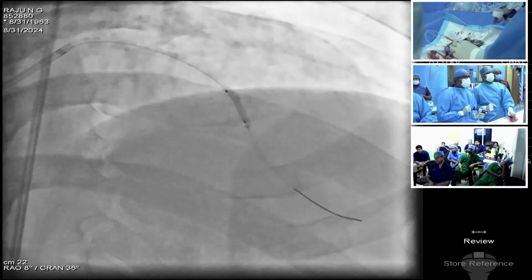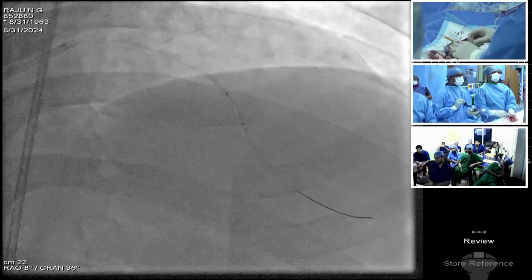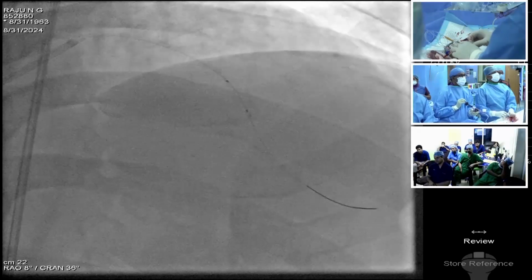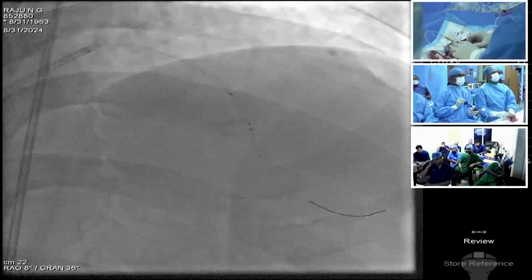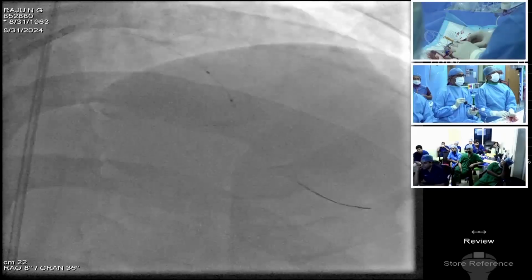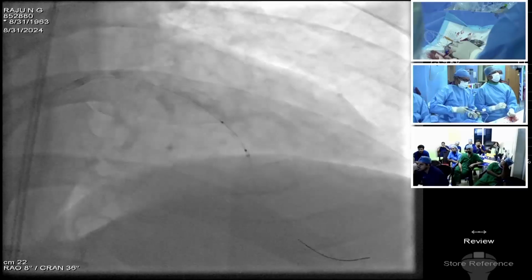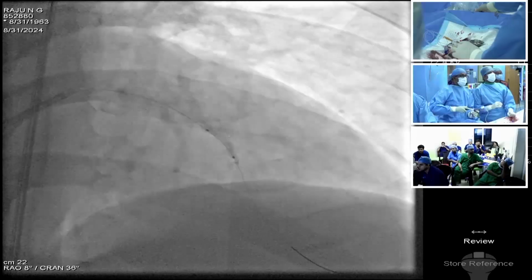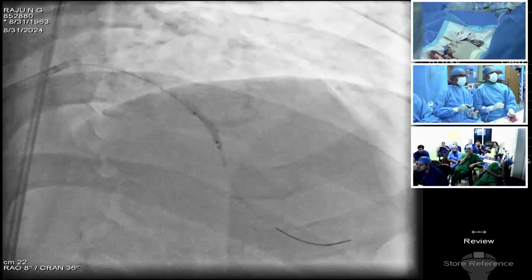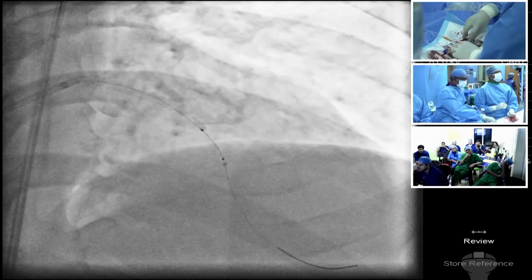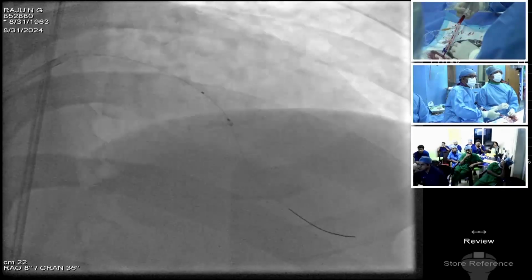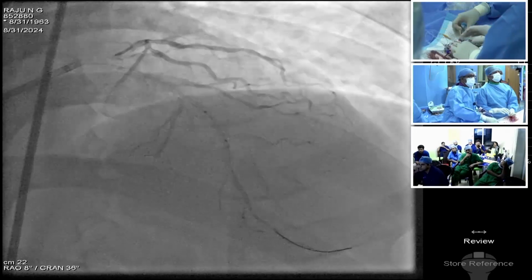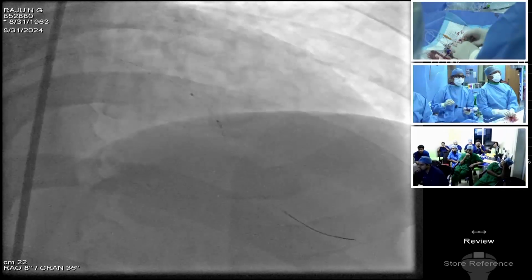It didn't open up well, but that's enough. It's a small vessel. We'll come back little more. There. 14, 16, 18. Yes, give the stent.